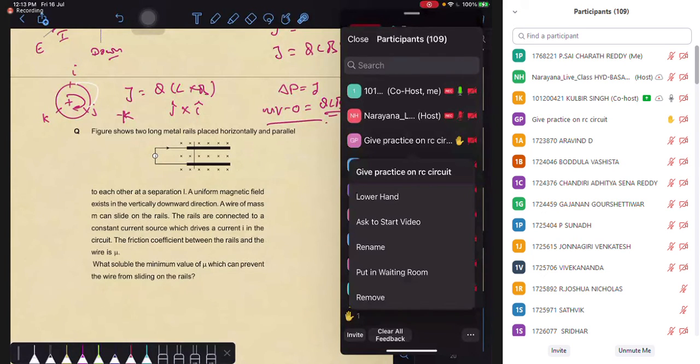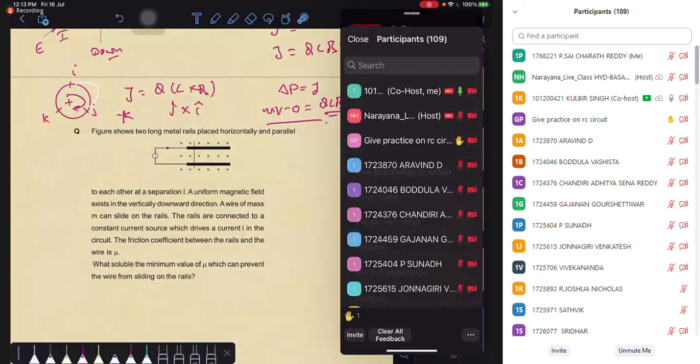Practice on the RC circuit. For the RC circuit, potentiometer wire, voltmeter, ammeter, meter bridge, post office box and RC circuit together, we had 3 days in the schedule.